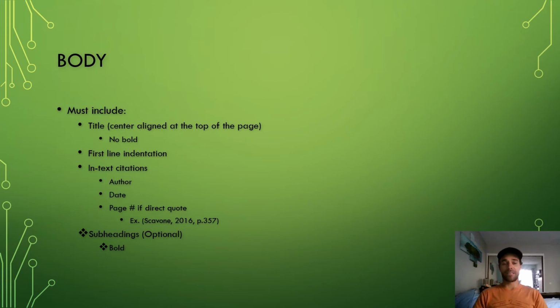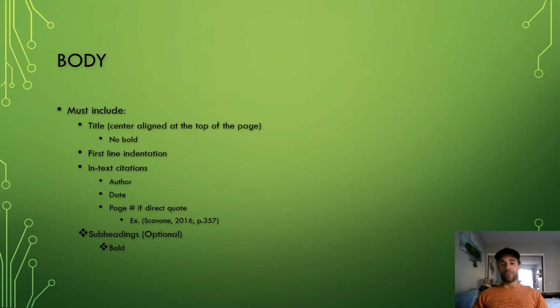And we typically write in-text citations by opening the parentheses, putting the author's last name, comma, the date of publication, and then closing off the parentheses and adding any punctuation after the closed parentheses. If you were taking a direct quote, for instance, you will not only include the author and the date of publication, but you will also include the page number.